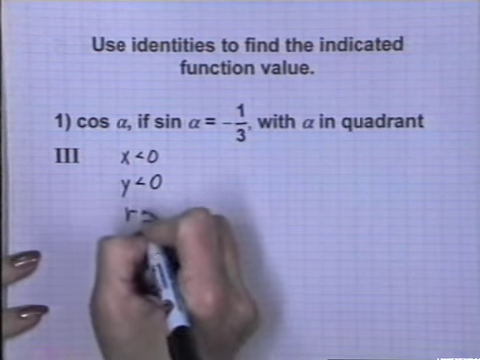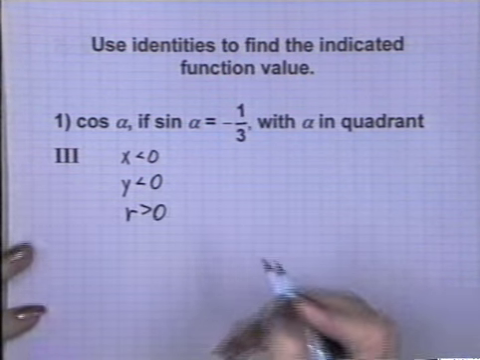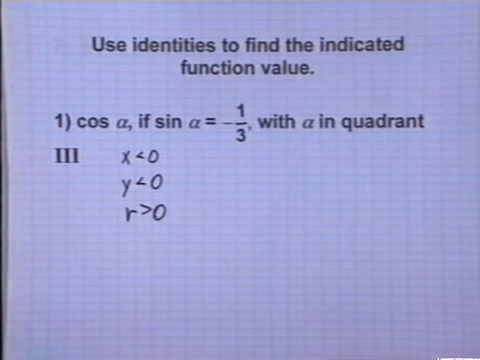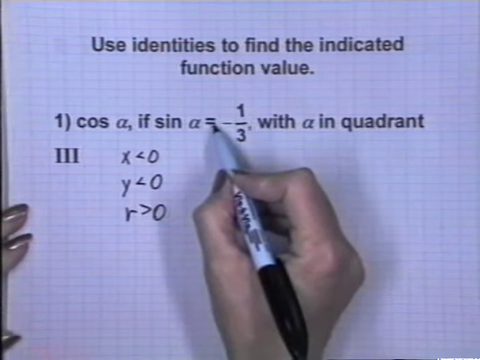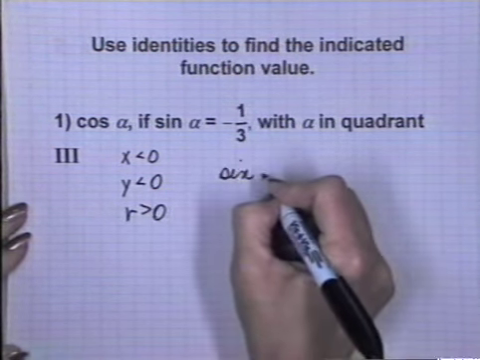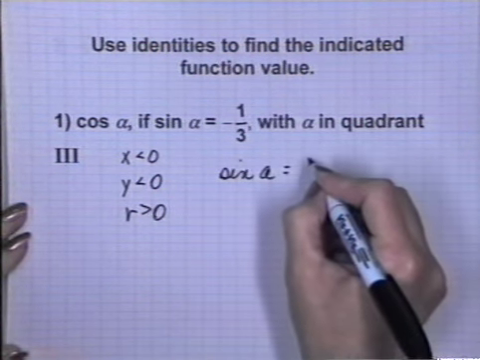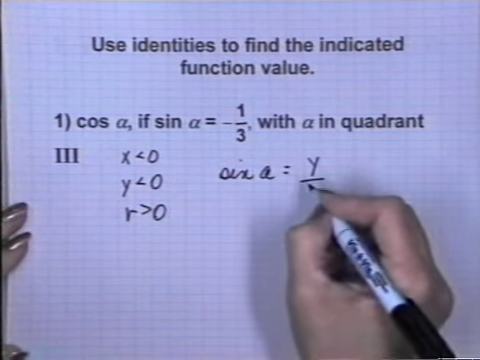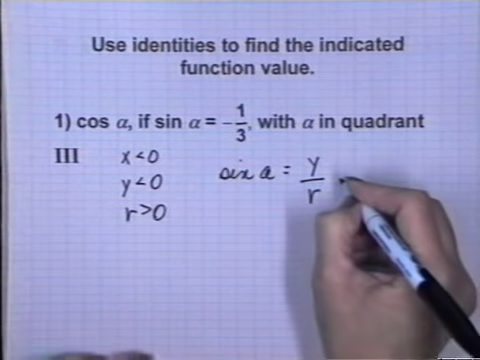Of course, I know always that r is greater than 0. So when I know that the sine of alpha equals negative 1/3, I know that the sine of alpha is equal to the y coordinate divided by r.